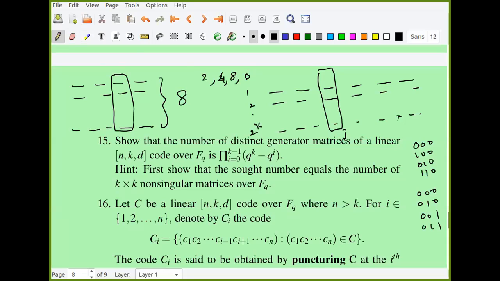Is 0 allowed? No, sir. No. All of it means all the places are 1, here also 1, here also 1. Why is this not allowed? Because if you add 2 vectors, then you will get 0 in that position. No, you can tell a much better way. Suresh will tell a much better way.